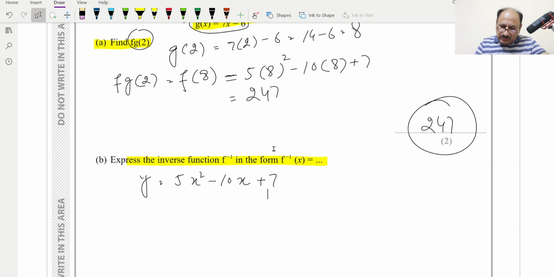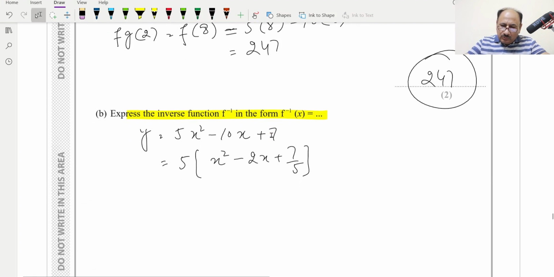To make this the subject, we can take 5 common, and inside will be x squared minus 2x plus 7 by 5. Basically I'm doing the completing square method. Now we have removed the coefficient of x squared. Now we will apply completing square on this one.